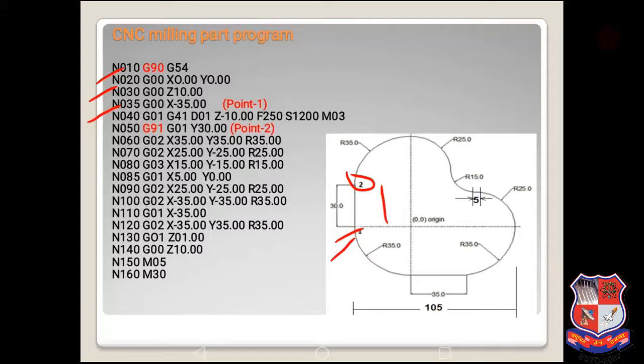So we use the G02 command with the coordinate value of x is 35 mm and y 35 mm with R35.